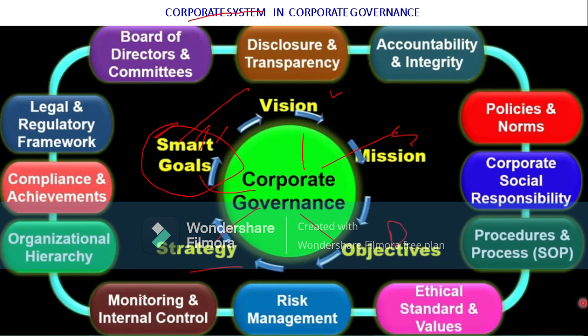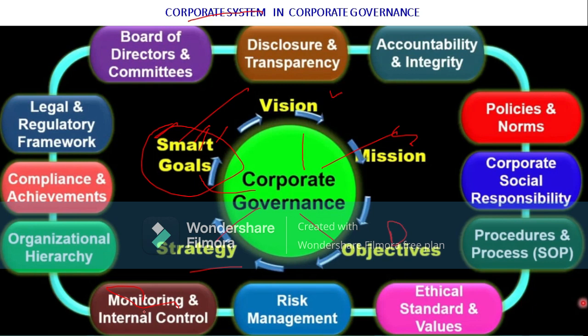And monitoring and internal control, it is also seen. Under corporate governance, definitely directors will be there, and committees and subcommittees will be there. If a company is implementing corporate governance, it will follow the committees. Committees are nothing but bodies which look after the performance of the organization.